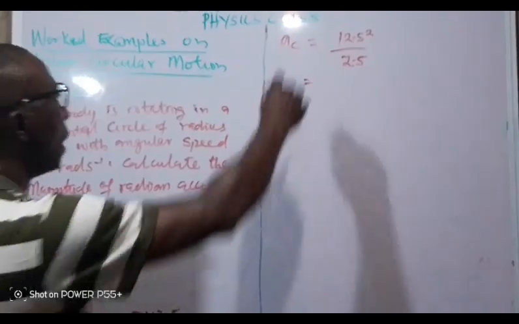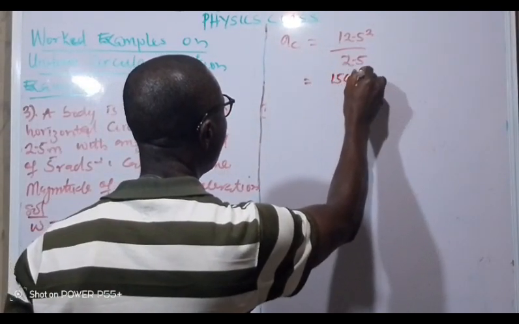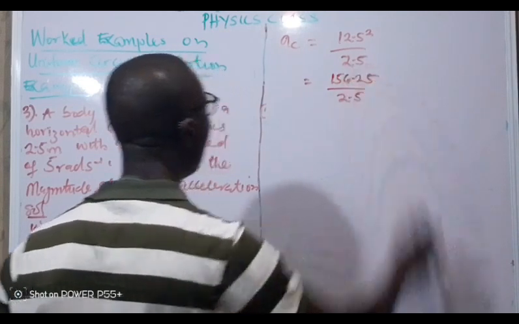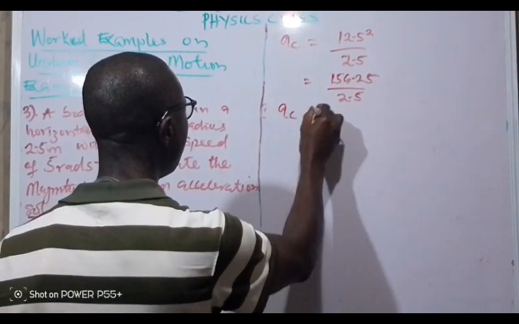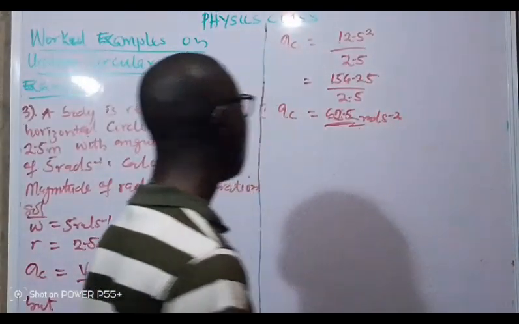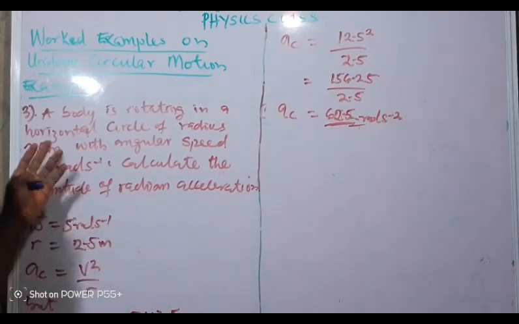Now, this will give us 156.25, then divided by 2.5. So the final answer will be 62.5 rad per second square. That's the solution to this example 3.